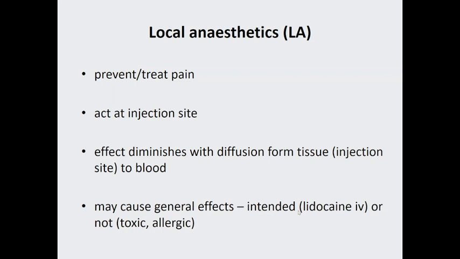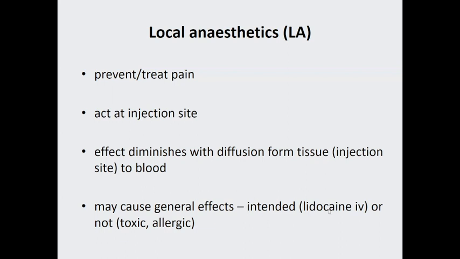They may cause general effects, which can be intended. We use lidocaine intravenously, but not as a part of local anesthesia. We use lidocaine as a treatment of generalized pain. This is not the topic of today. We also use lidocaine as an antiarrhythmic drug in cardiac arrest.